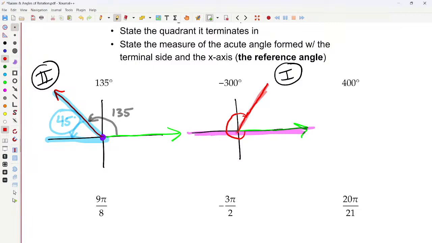This is our terminal side right there. So there's this angle, magenta to red. That's clearly bigger than 90. And then there's the other angle. So this is the angle we want. That's our reference angle, which always is a positive number between 0 and 90.